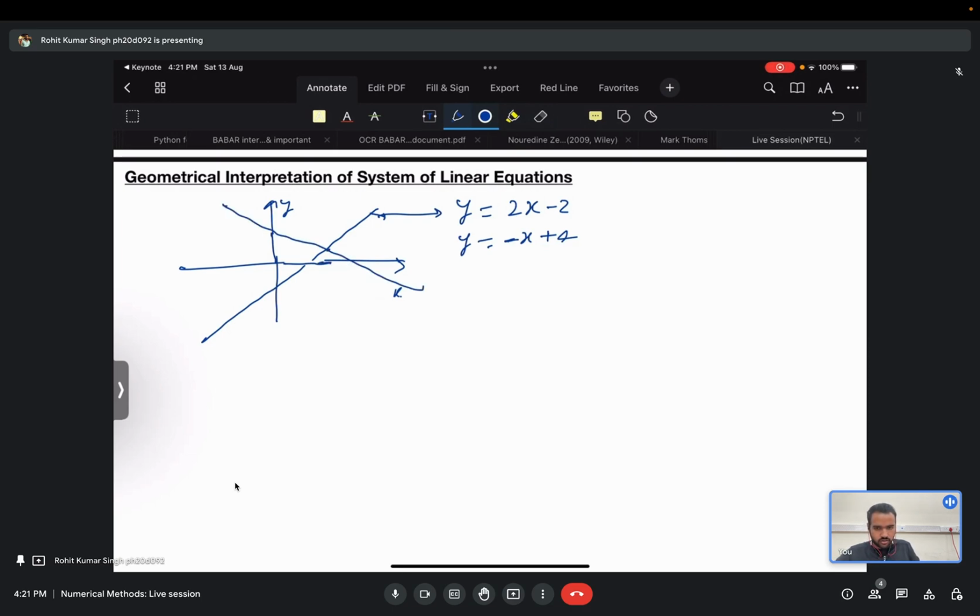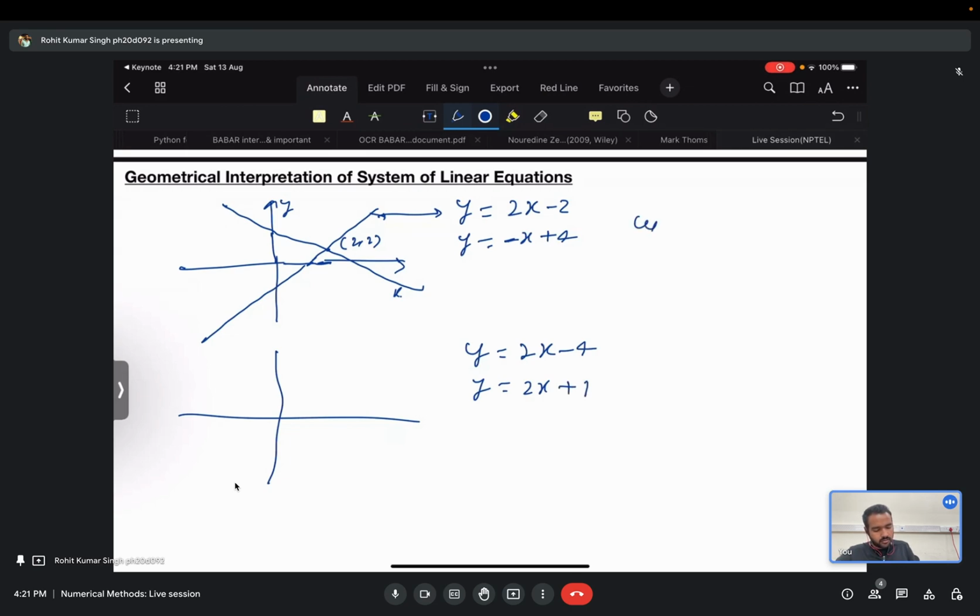So we'll have a solution here, right? It will be (2, 2), I think. Similarly, we can have another set of equations, say y equal to 2x minus 4 and y equal to 2x plus 1.